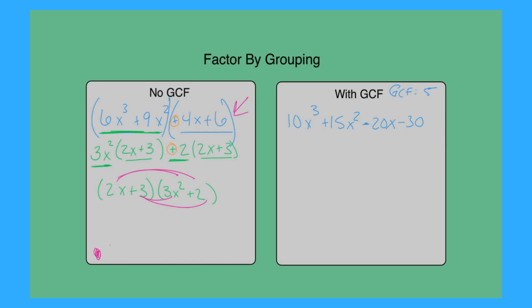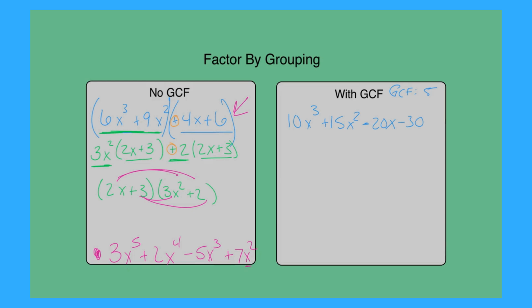So what if we have like 3x to the 5th plus 2x to the 4th minus 5x to the 3rd plus 7x squared. So this one, for example, the 3, 2, negative 5, and 7, those do not have a greatest common factor other than 1. But they do have an x in common. We take the smallest x.